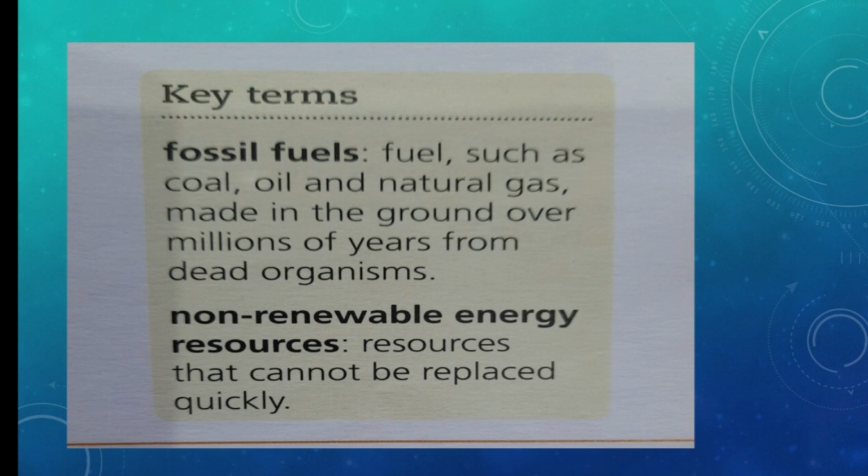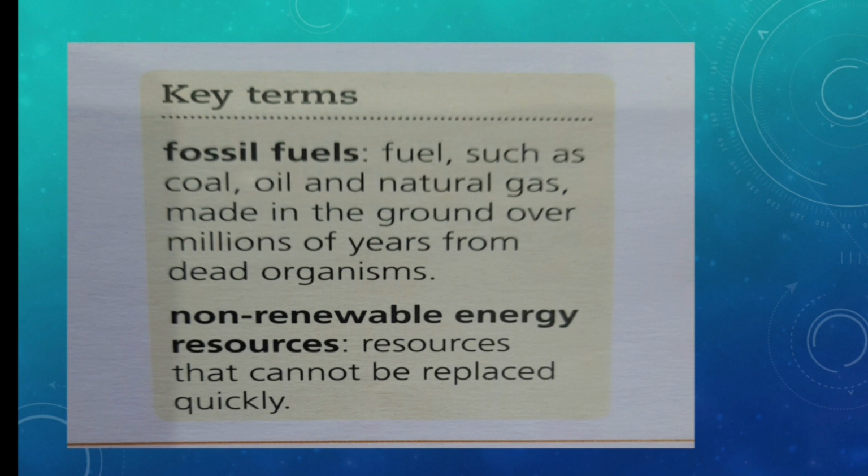Next is fossil fuels. What is a fossil fuel? Fuels such as coal, oil, and natural gas, made in the ground over millions of years from dead organisms. These are known as fossil fuels. To form fossil fuels, we need very high temperature and pressure. Fossil fuels cannot be replenished quickly.